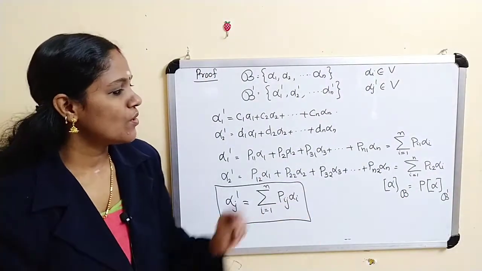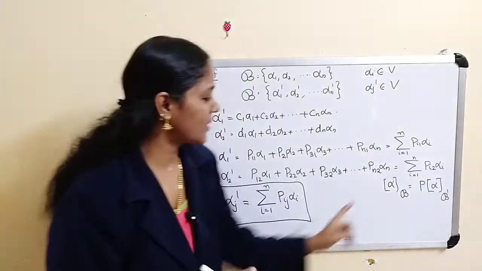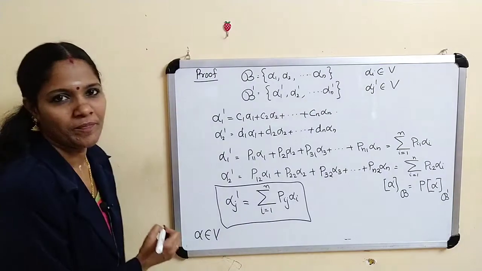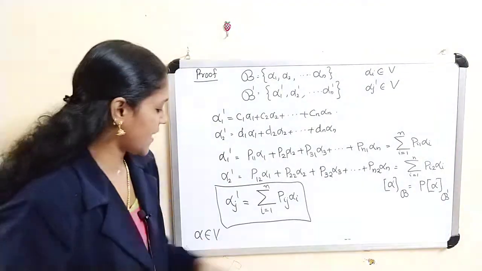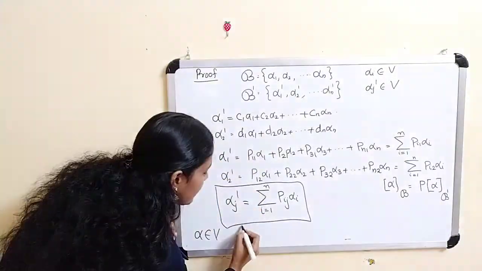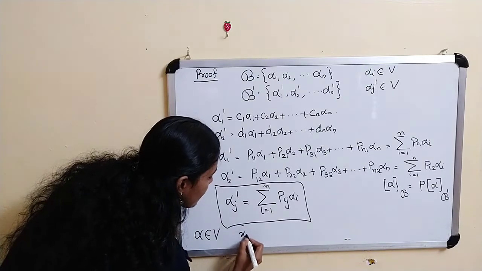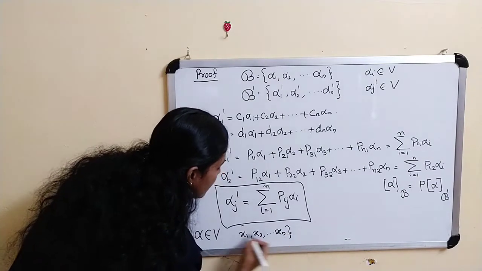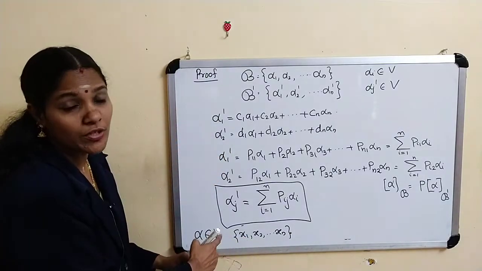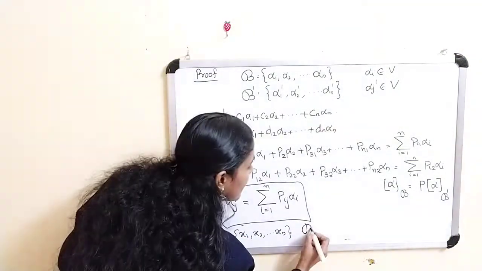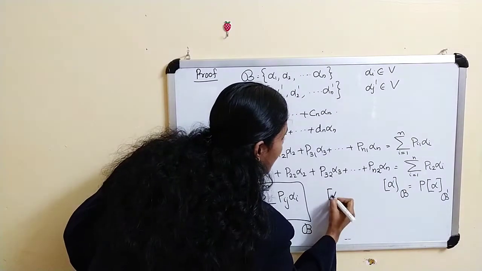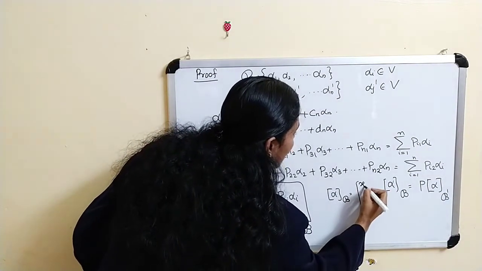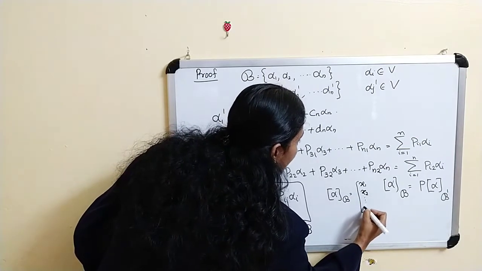So what about alpha? Let alpha belong to V, and let x1, x2, etc., xn be the coordinates of alpha related to the basis B. Therefore the matrix of alpha related to the basis B you can write as x1, x2, etc., xn.